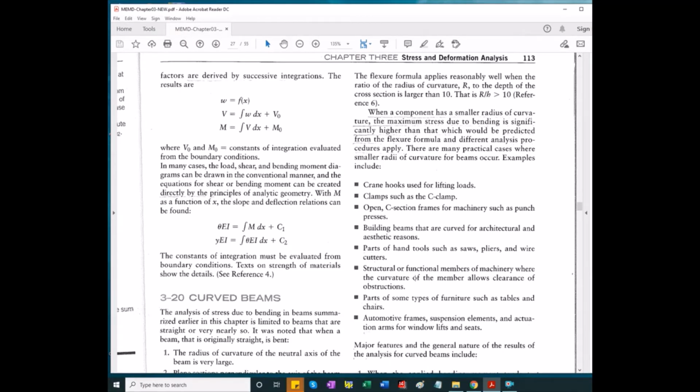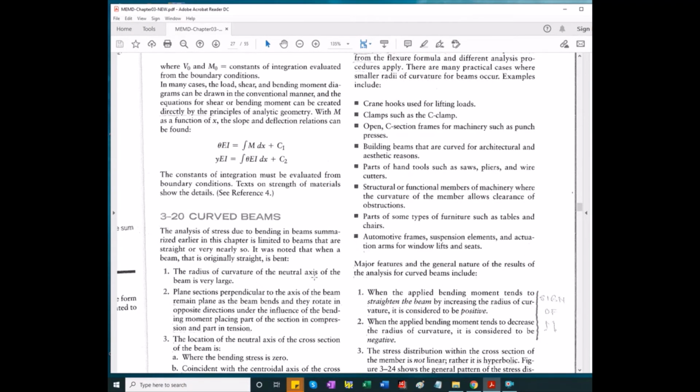Okay, curved beam. This is new material. So I'm looking, it's minute 37. This is where the review stops and the new material begins. Curved beams.